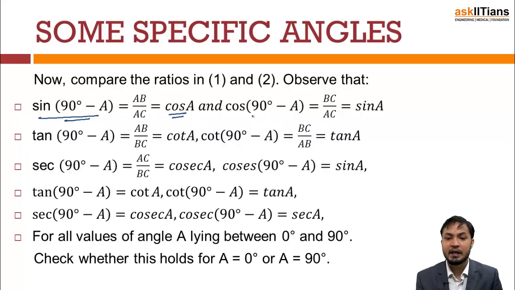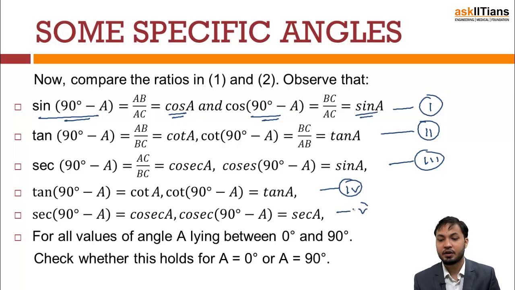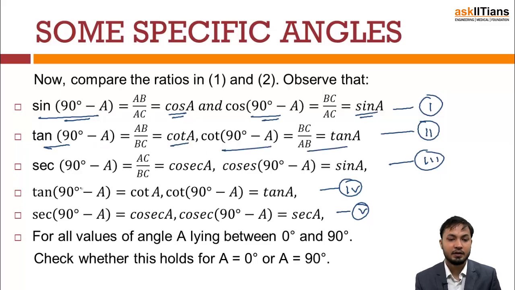And simultaneously my cos of 90 minus A will be equal to sine of A. So this leads to our most important trigonometric identities. Okay, so from this I can write my tan 90 minus A is cot A, cot becomes tan, sec is equal to cosec, cosec is sec.